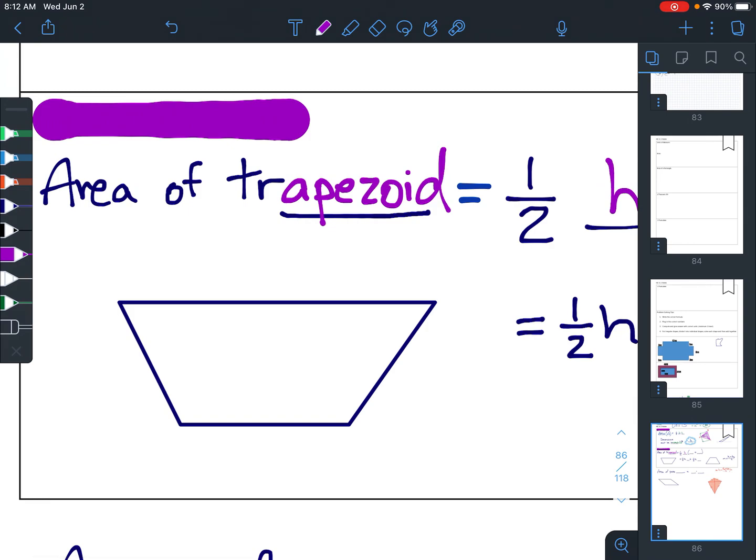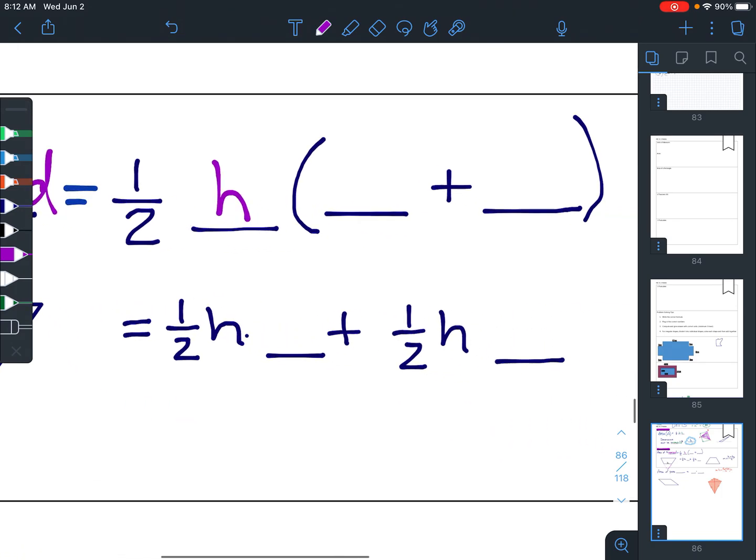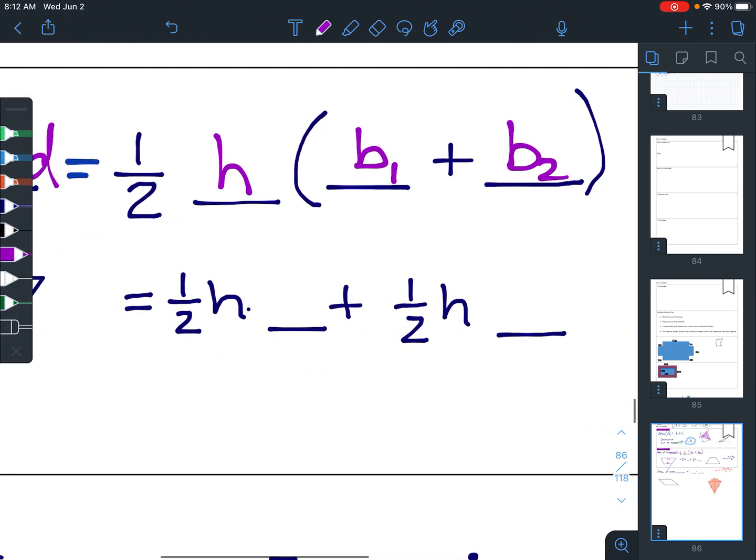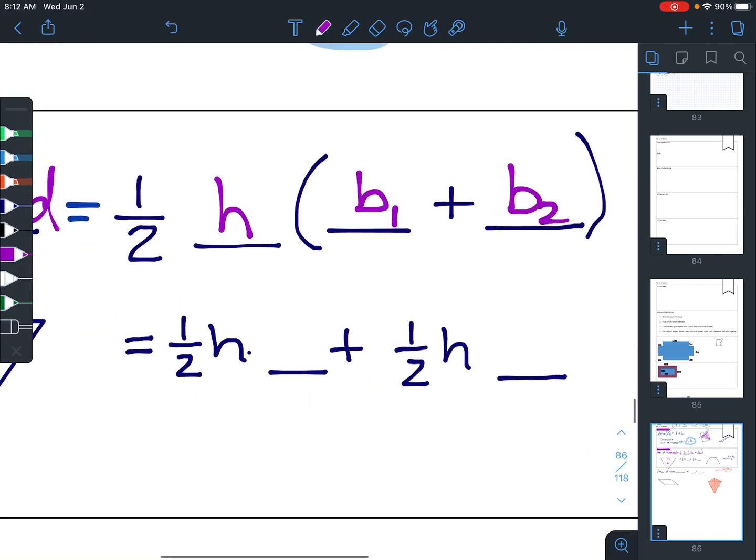And you can think of a trapezoid as maybe a triangle that's been sliced off part of it, so that you don't have a pointy thing, but you've got actually 2 different bases. So we typically call that base 1 and base 2, whatever the sides are that are parallel. So we have to add those bases together and multiply by 1/2, multiply by height, and you get it.